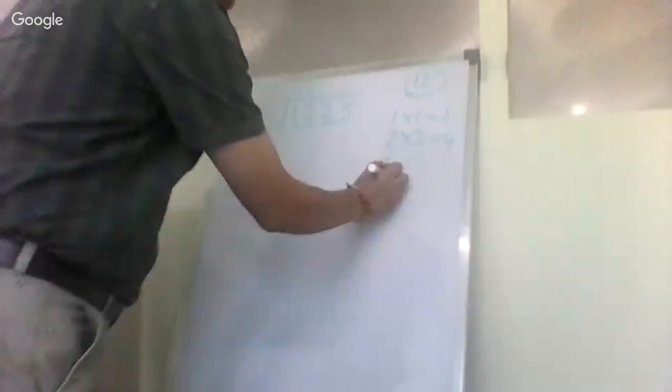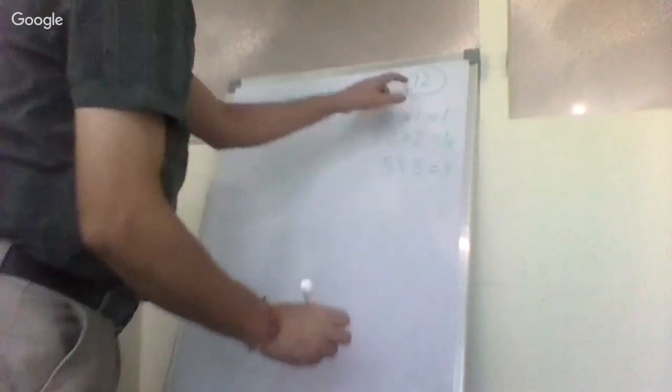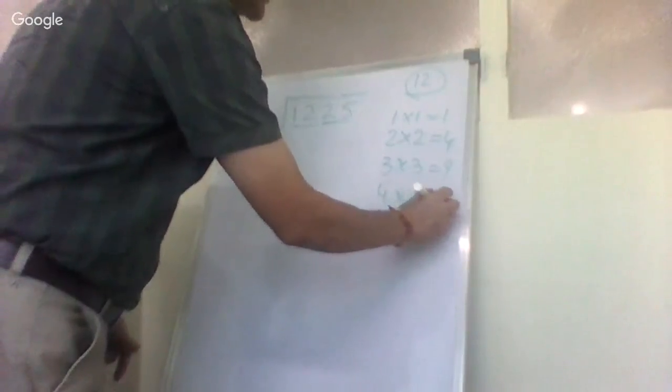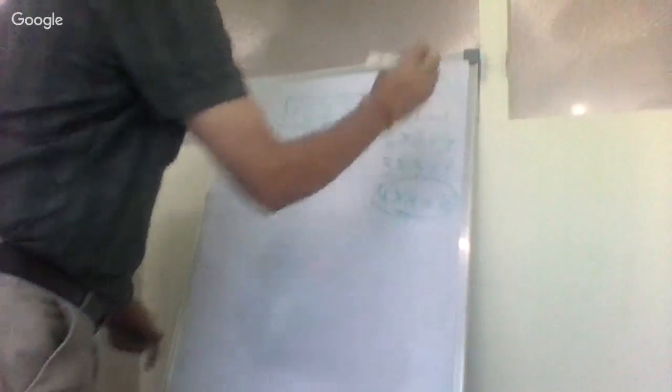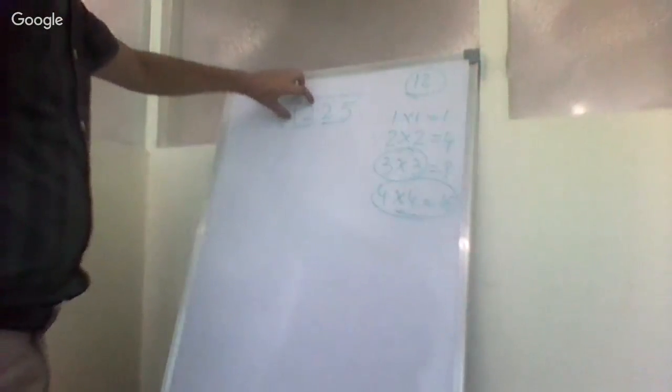We'll move on to 3. 3 into 3 is 9. 9 is less than 12. So we'll move on to 4. 4 into 4 is 16. But 16 is greater than 12, so we'll consider 3. Is this clear till here?